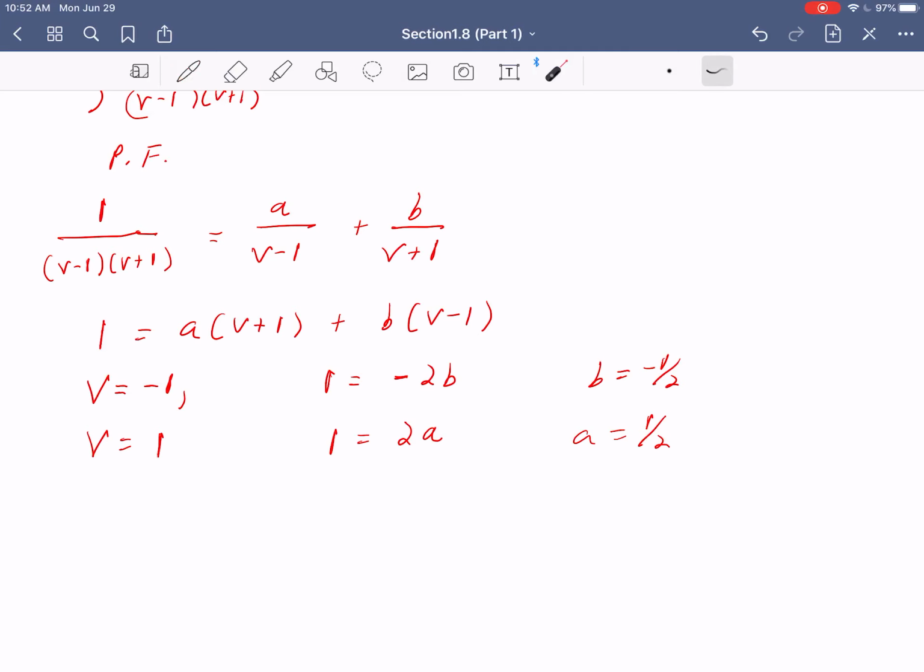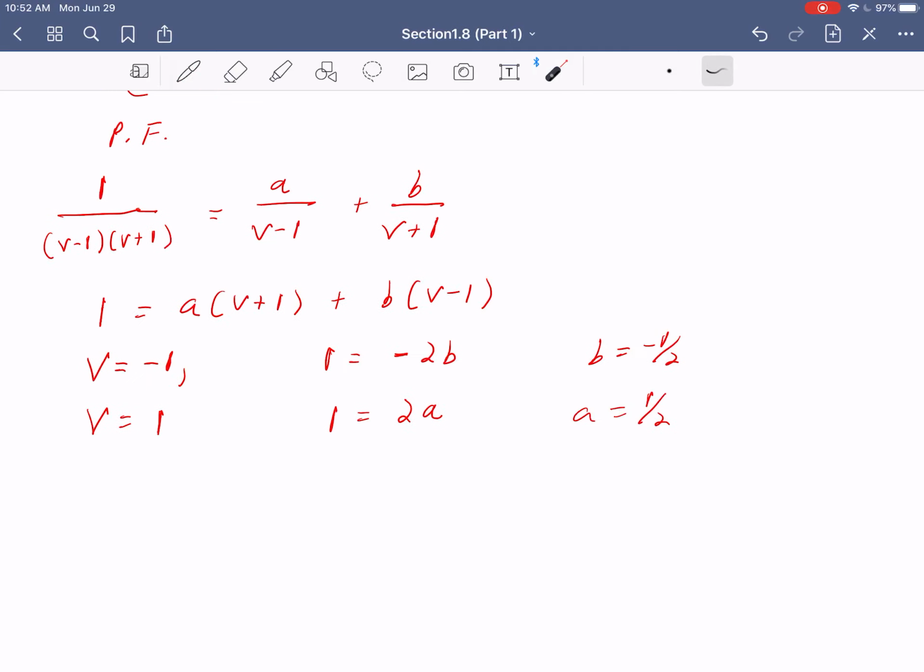Okay, so we can pop these things in here now, and we can get that we're actually trying to integrate 1/2 over v minus 1 minus 1/2 over v plus 1 dv.